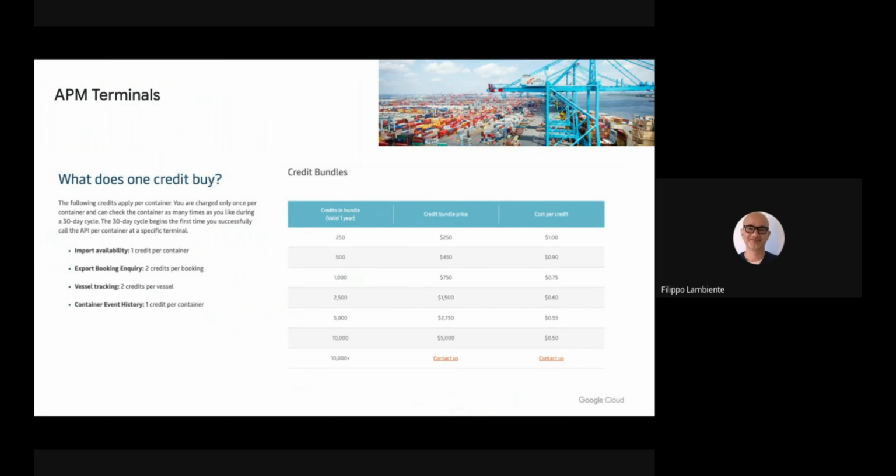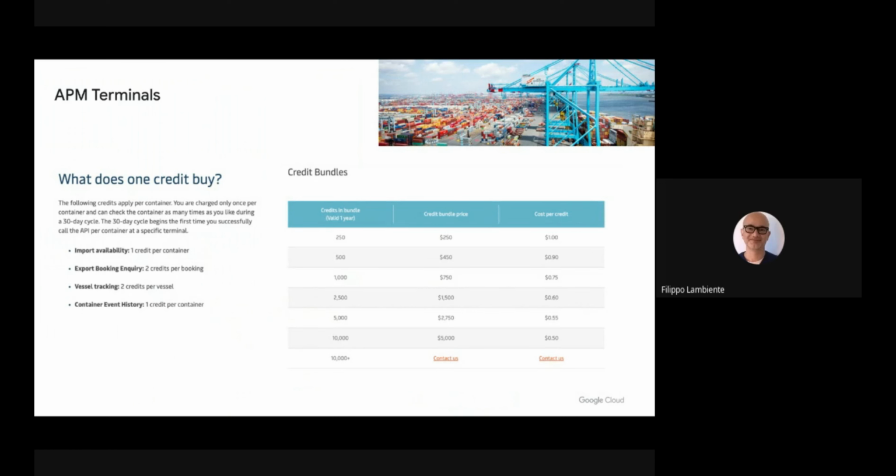Where is it? If it's in customs, if it's on the ship, if it's on the dock, to provide visibility to the customers that are moving the container, they will generate revenue on this type of new information. So they have created the API product that provides visibility into the life cycle of the container.